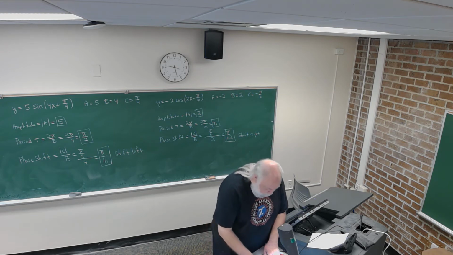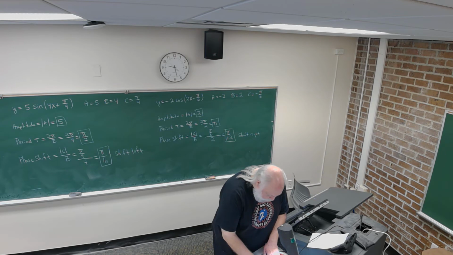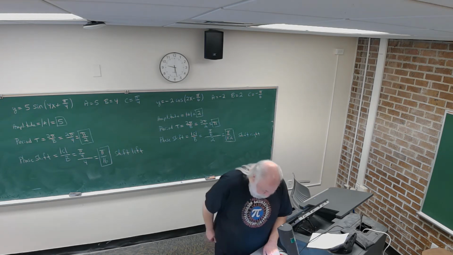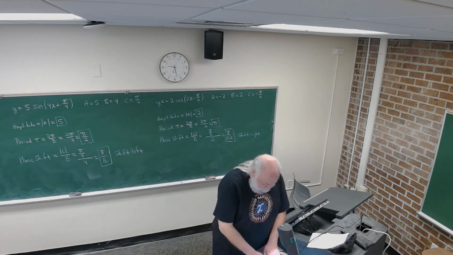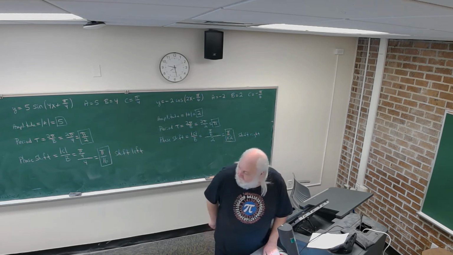So the first thing we can do is calculate the middle x value. So here's 1, 2, 3, 4 hash marks to the right of pi over 8. And here is 1, 2, 3, 4 hash marks to the left of 9 pi over 8. Well, the value on the x-axis at that hash mark is the average of these 2 numbers.